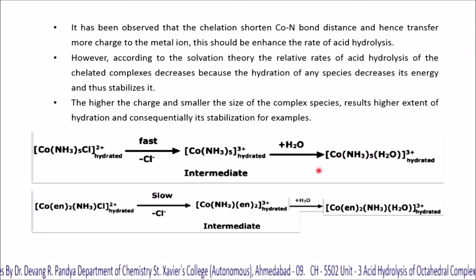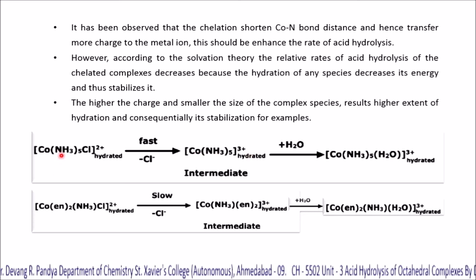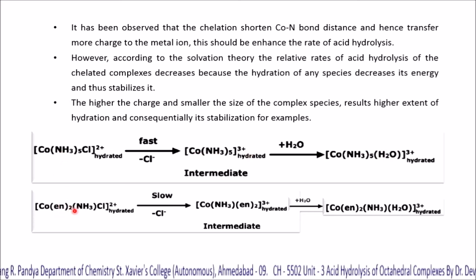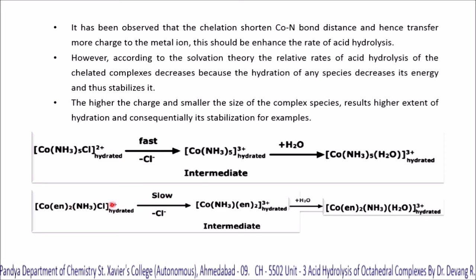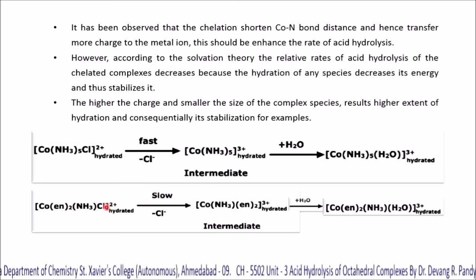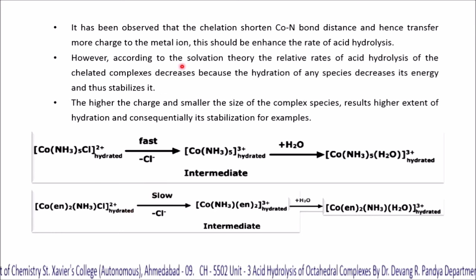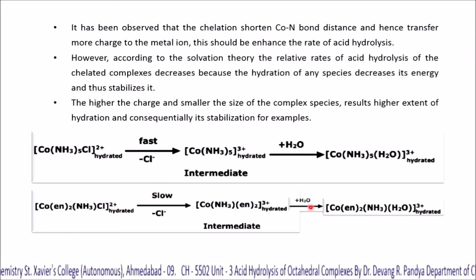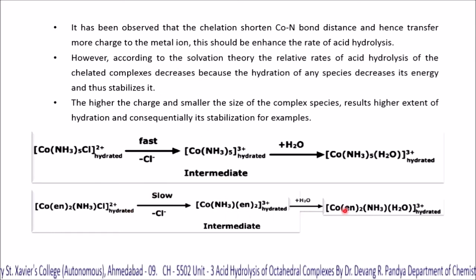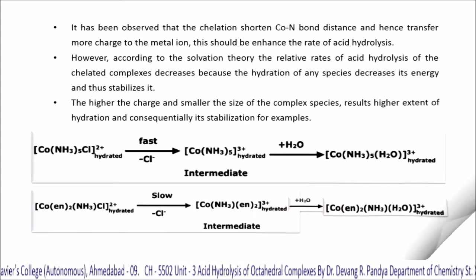So the reaction takes place over here with a simple ligand. If we have a chelating group, the reaction gets slow due to the hydration. So it should increase, but instead due to hydration, due to solvation, it gets decreased and we get a slower reaction over here. So you need to keep that in mind.